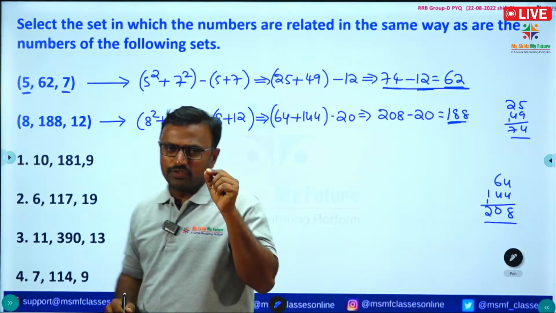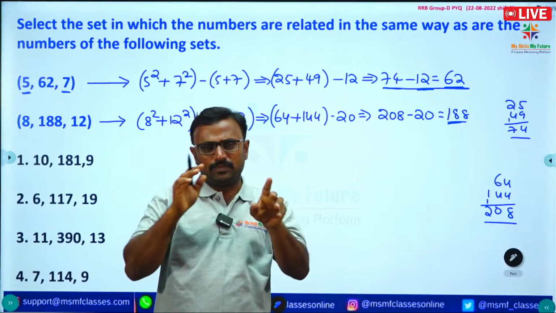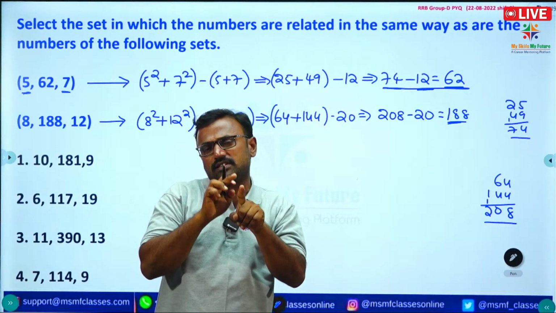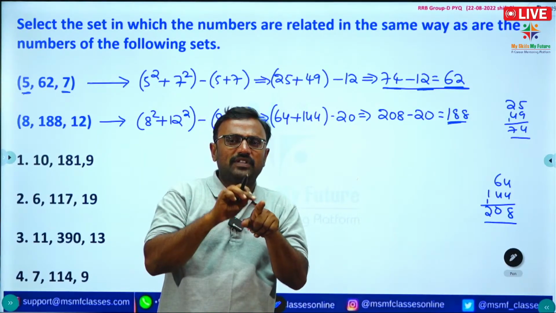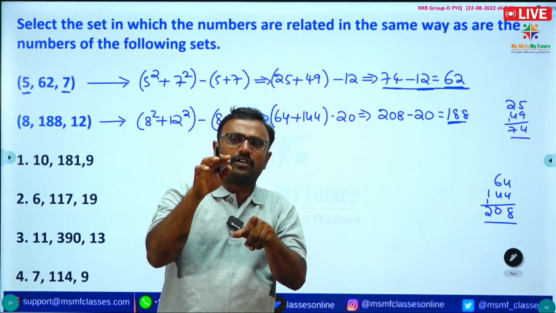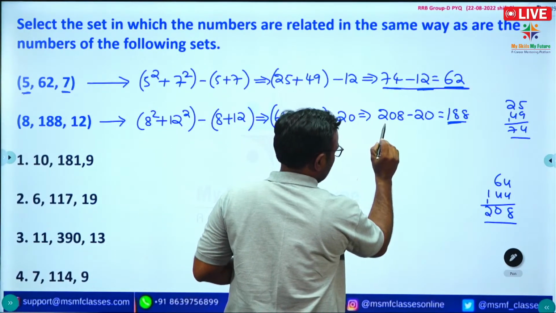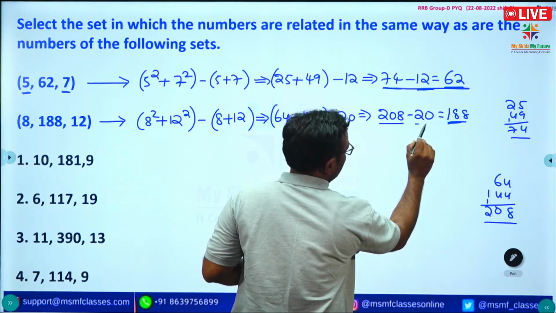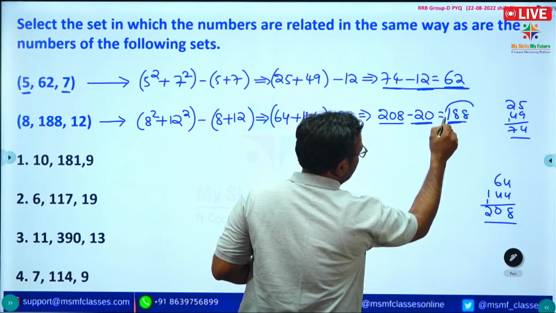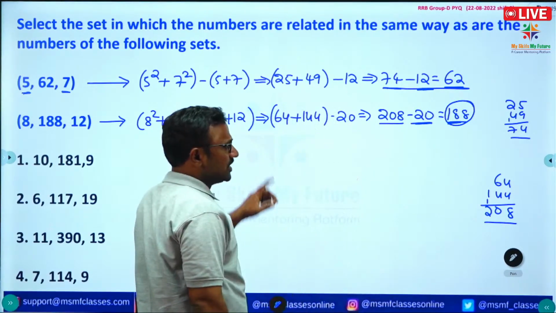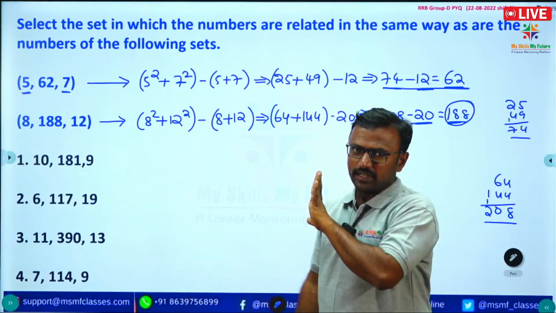So see the logic: the sum of the first number square plus third number square, subtracted with the sum of the first number and third number, we get the second number. So here the logic is this.